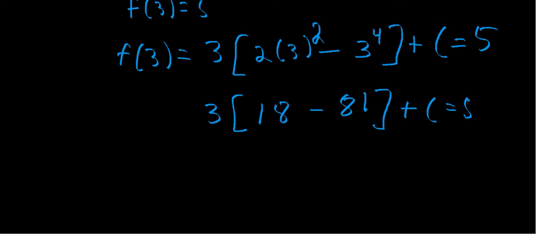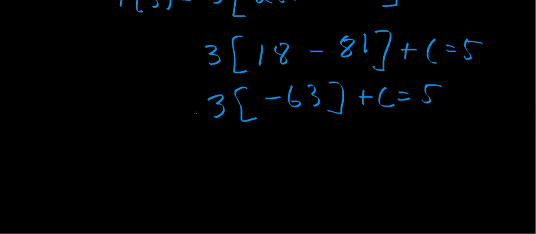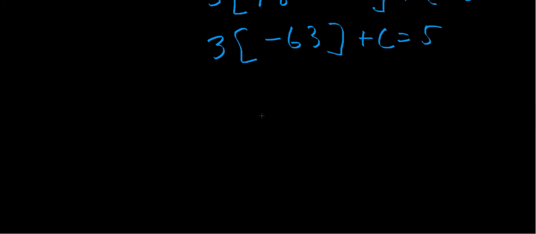So 18 minus 81 is negative 63, plus c equals 5. Then 3 times negative 63 gives us negative 189 plus c equals 5.